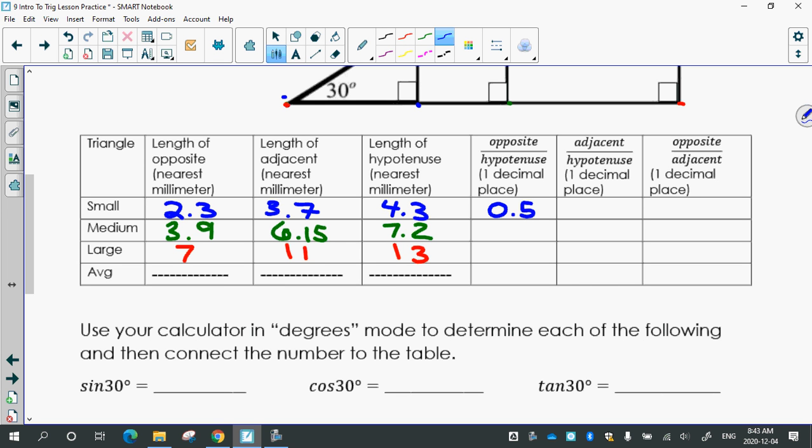Then adjacent, 3.7 divided by 4.3, is 0.9. And then opposite divided by adjacent, 2.3 divided by 3.7, is 0.6.